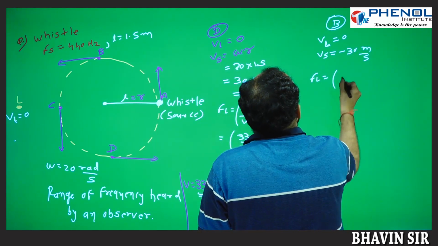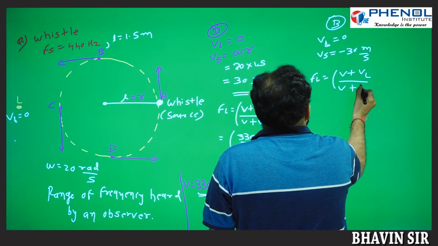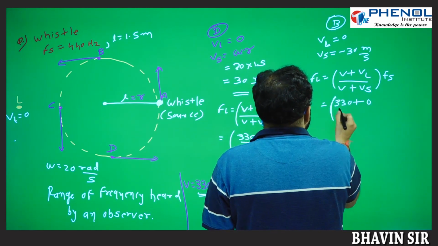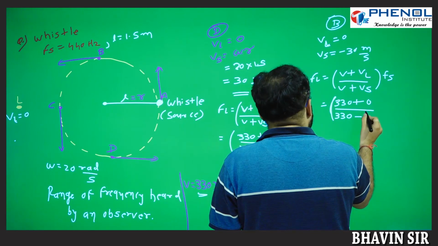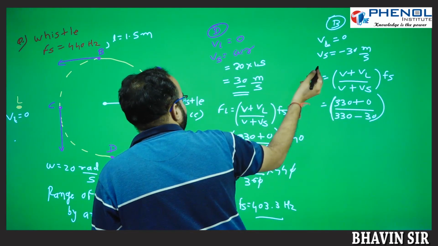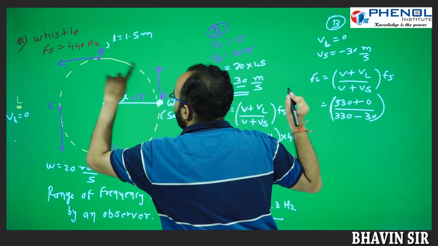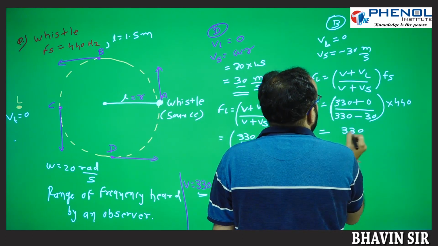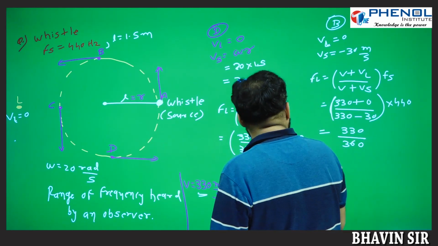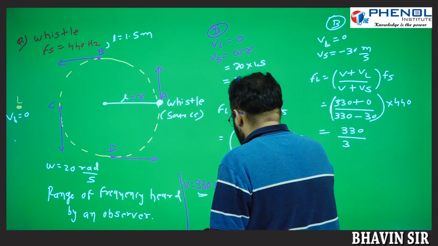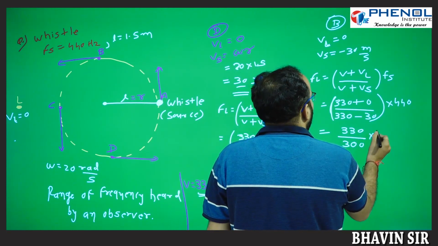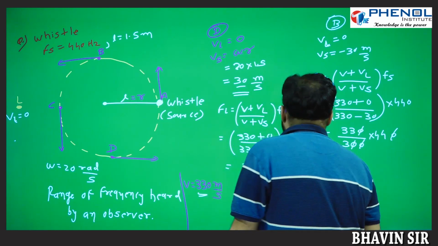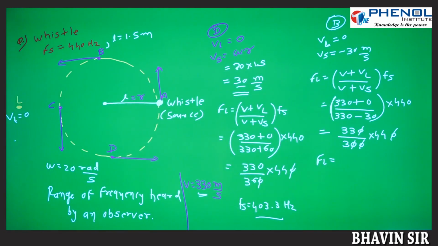Now what is the answer? The speed of sound is 330, and the speed of listener is 0. So 330 minus 30, because it is from S to L at point B. So 330 by 300 into 440. The zeros cancel, 11 into 44, so 484.